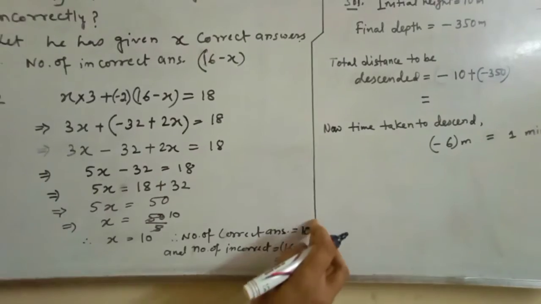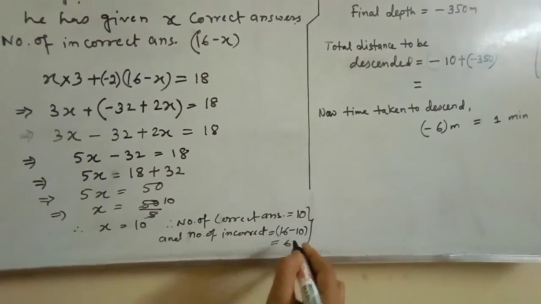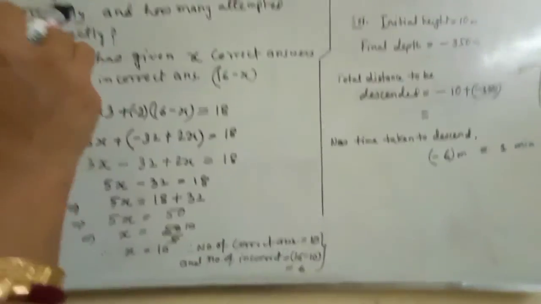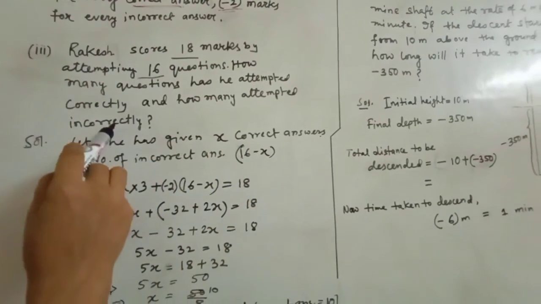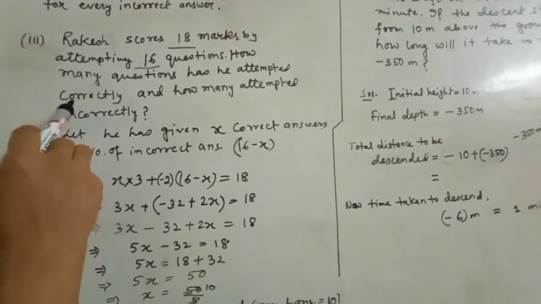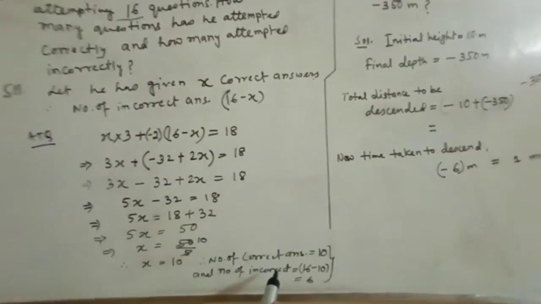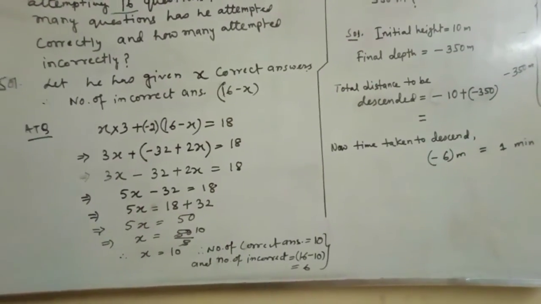So this is the answer of this question: the total number of correct answers, and how many he attempted incorrectly and how many correctly. So this is the answer of this sum.